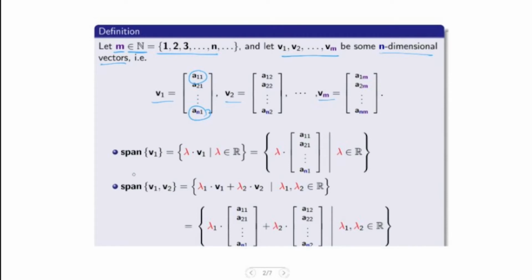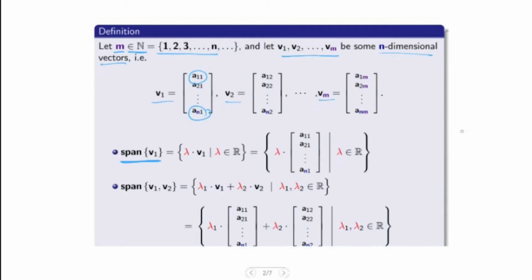If you look at this set here, the span of v1, vector 1, it means lambda times v1, where lambda is any element of the set of real numbers. So what does that mean?